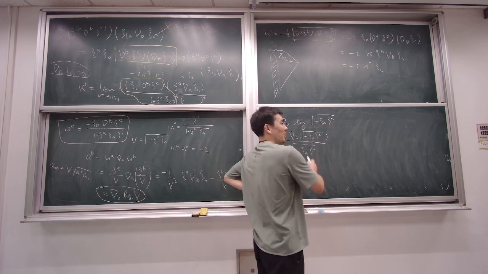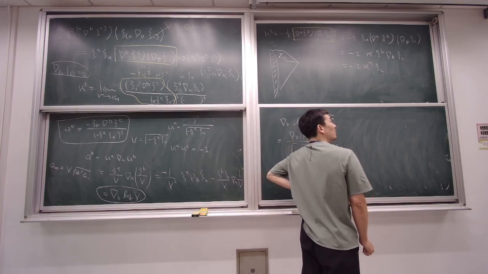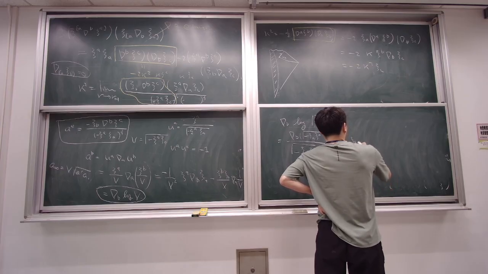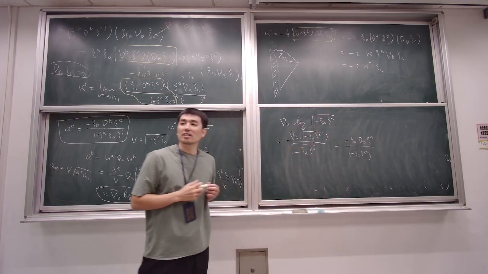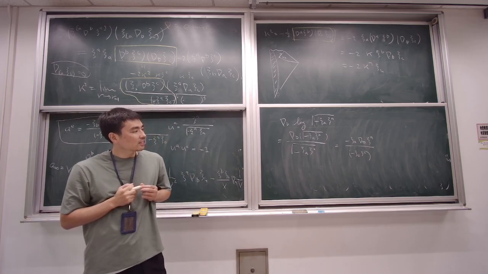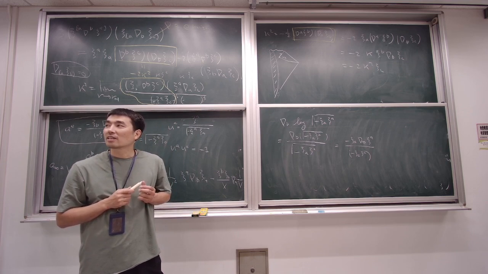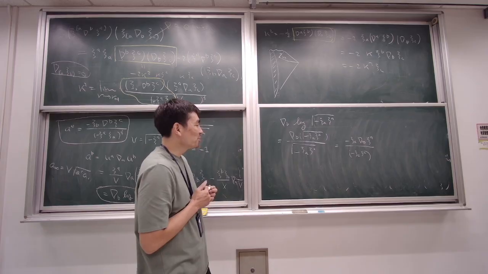And how does this act on it? I mean, that's so stupid. So this one gives you minus ξ^a ∇_b ξ_a. Is it the case? It should be the case, right?